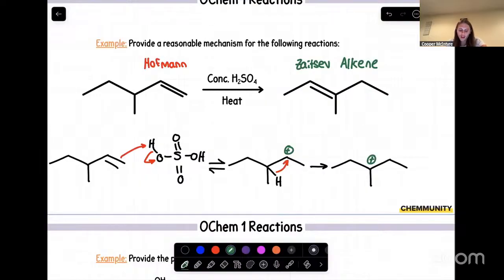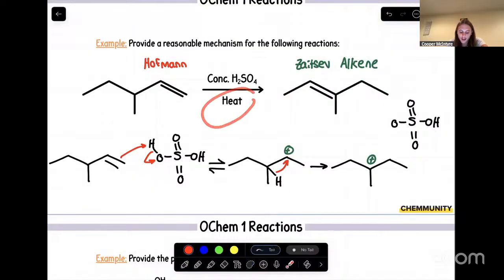Perfect. So from here, how can we form an alkene between these 2 carbons? Well, we can't forget that we have a conjugate base that is floating around in solution. And then also we have heat. So what this is telling me is that we can undergo an E1 reaction. So we have our hydrogen right there.